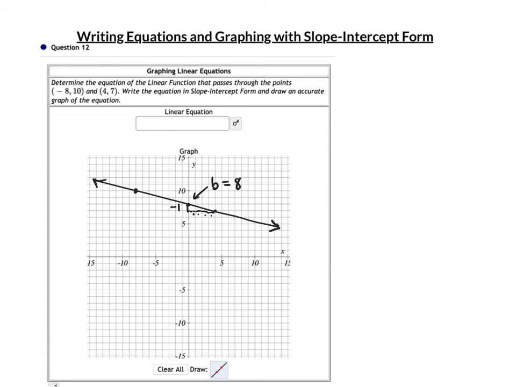So -1, the line's going down to the right, -1 over 4. That's our slope, -1 over 4. Down 1 over 4, down 1 over 4. That looks good. And y = mx + b is y = -1/4 x + 8.